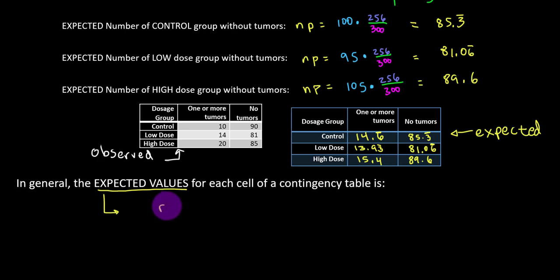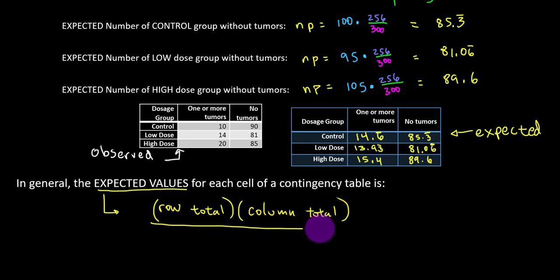It is the row total for a cell multiplied by the column total and divided by the total sample size.